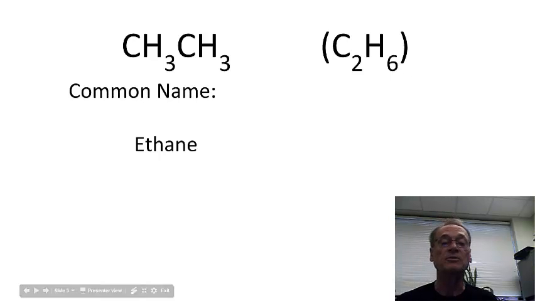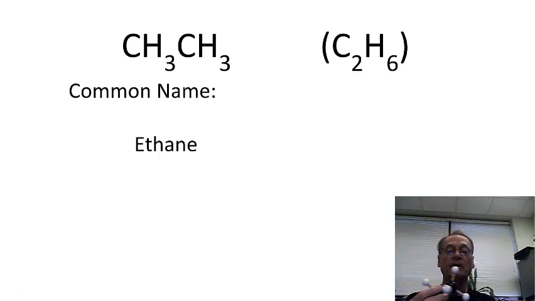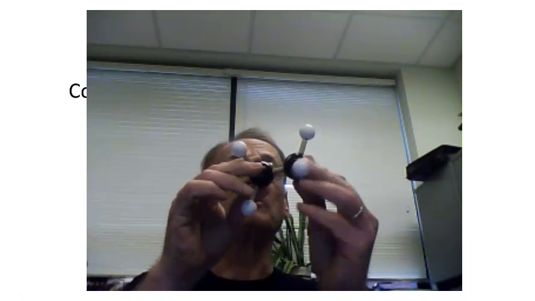The next simplest organic compound is ethane. That's 2 carbons, 3 hydrogens on each, so it's CH3, CH3, molecular formula C2H6, ethane. Again, that's a historical name for it.